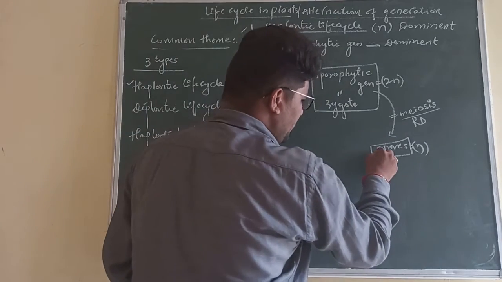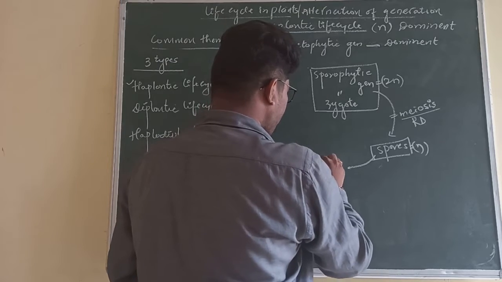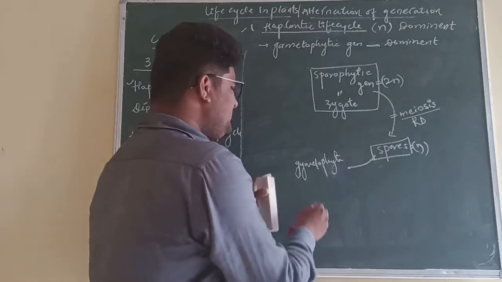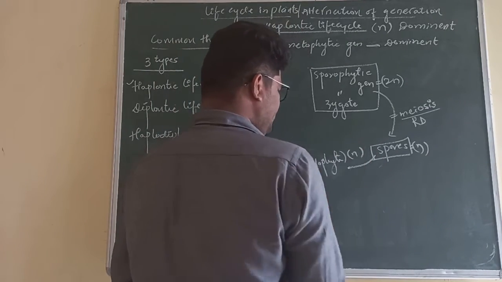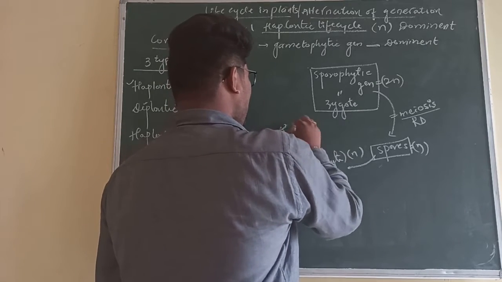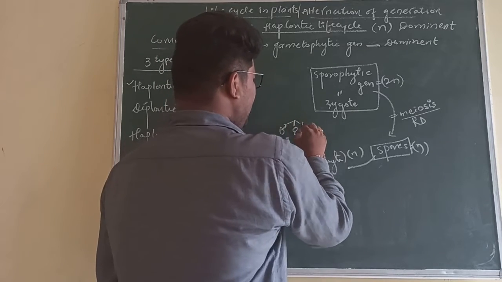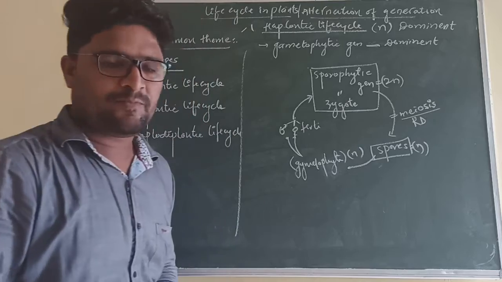After the formation of these spores, there will be a gametophyte, and this gametophyte is again haploid. This gametophyte will form two types of gametes, male gametes and female gametes. After fusion, there will be fertilization, and they will form the zygote again.